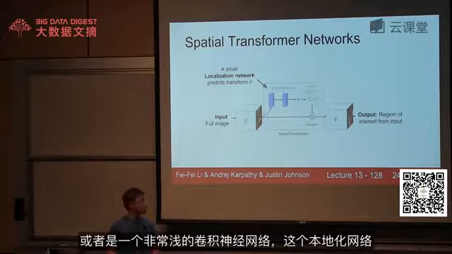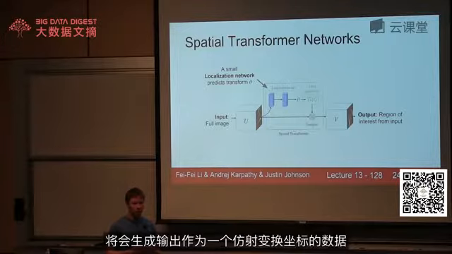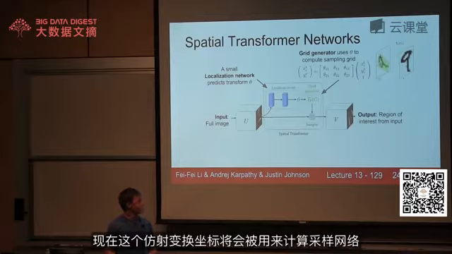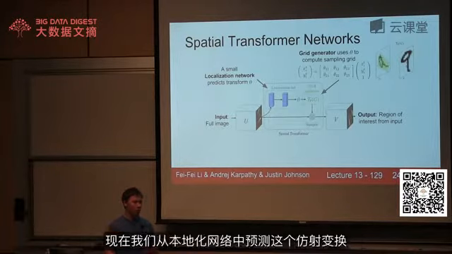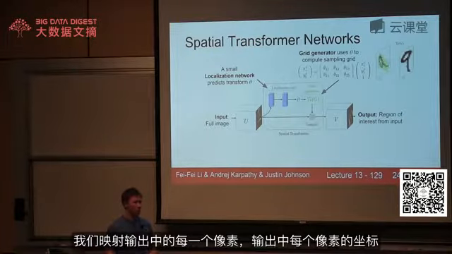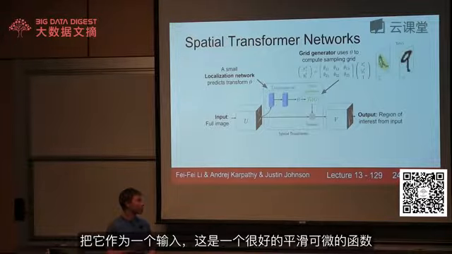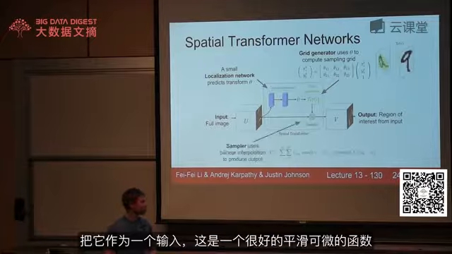This localization network will produce as output these affine transform coordinates theta. Now these affine transform coordinates will be used to compute a sampling grid. So now that we've predicted this affine transform from the localization network, we map the coordinates of each pixel in the output back to the input. And this is a nice, smooth, differentiable function.